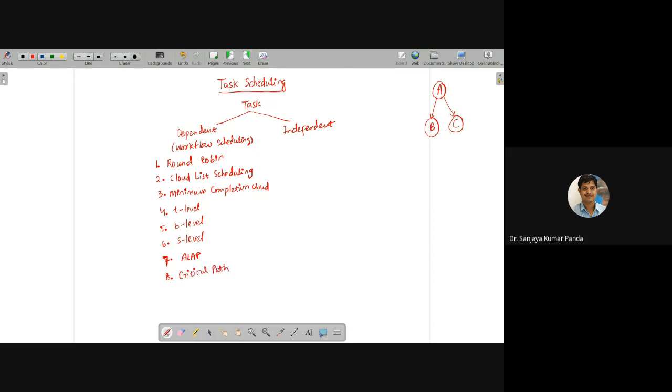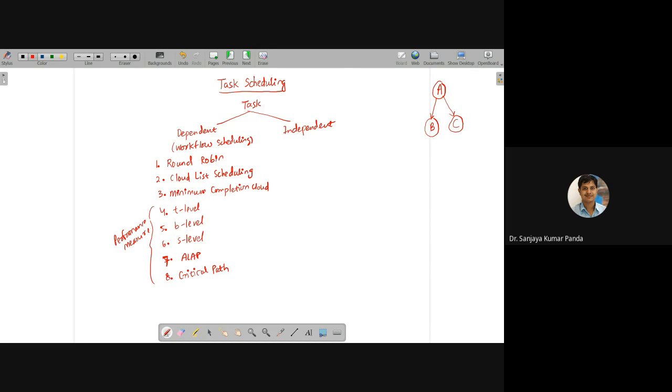So these we have already discussed with respect to dependent tasks, right? If a dependent task is there, you can apply these algorithms or these measures. These are specially nothing but performance measures. We cannot say directly these are algorithms. These are some of the performance measures we can apply in a scheduling algorithm to take a decision.